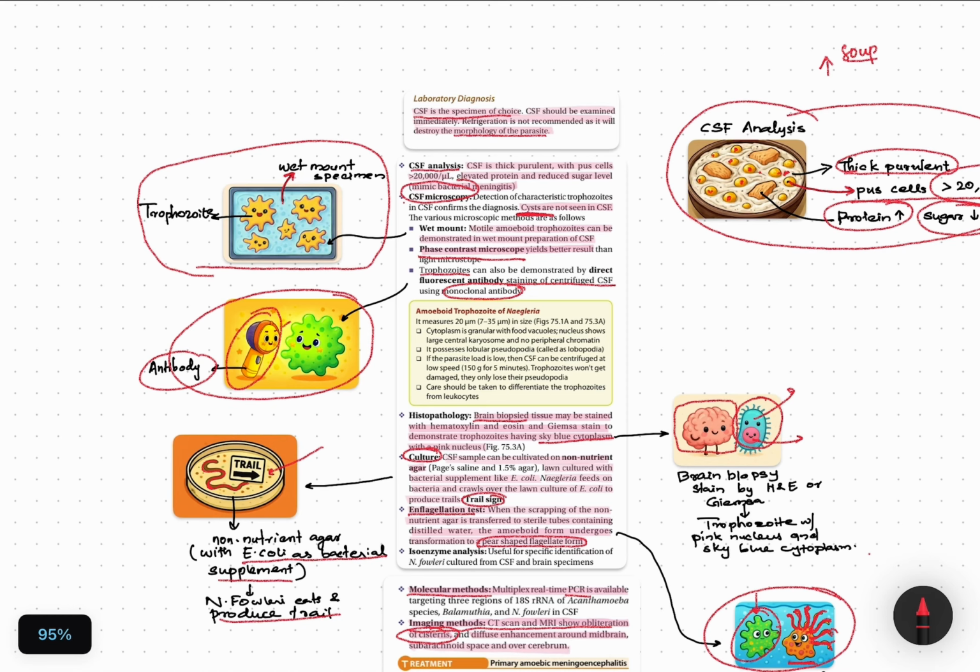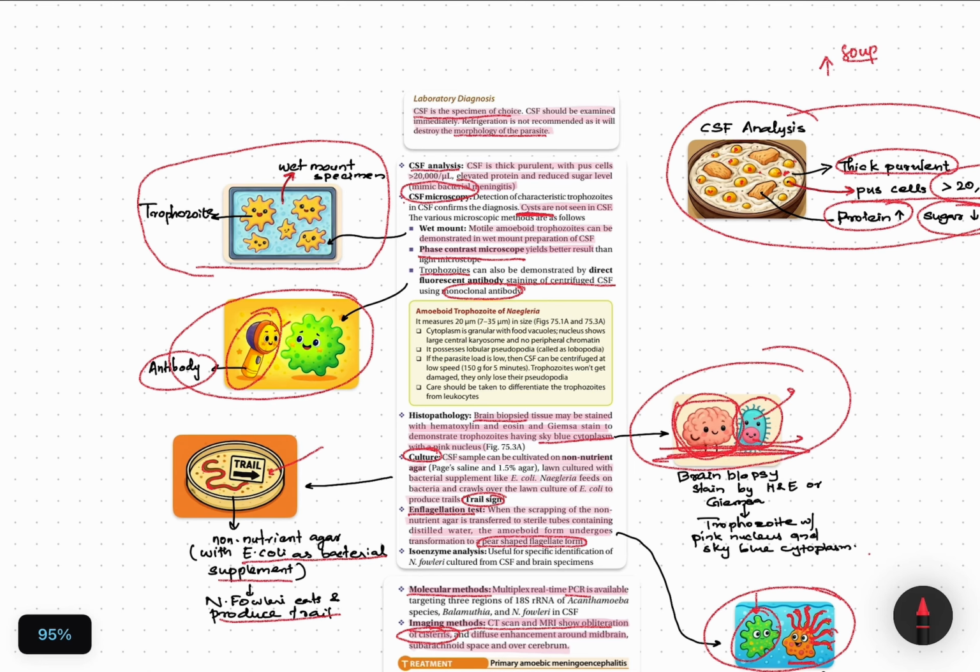Then next there was a brain and a blue colored trophozoite near it. So histopathology of the brain is to make you remember that you took the specimen from the brain and stained it with H&E, and at that time you got a blue colored trophozoite with a pink colored nucleus.